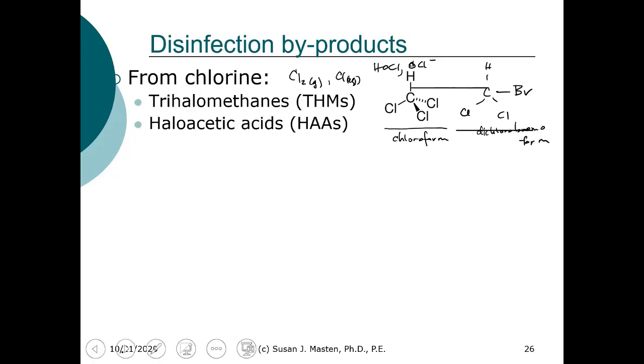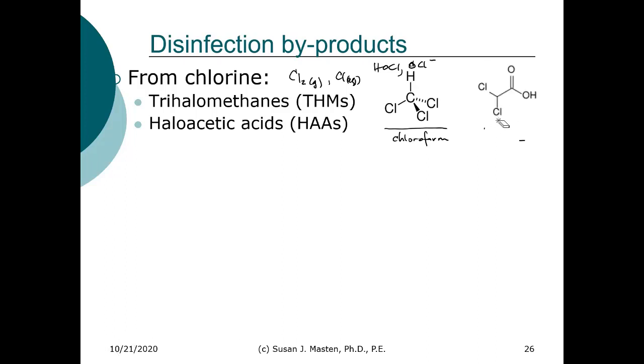It can also produce haloacetic acids. So this is a haloacetic acid. So it's dichloro here. And we have two carbons. We have carbon here and a carbon here. And this is our acid function.